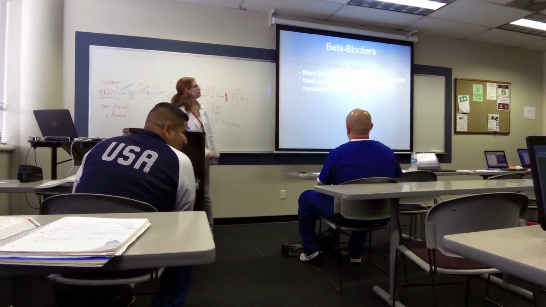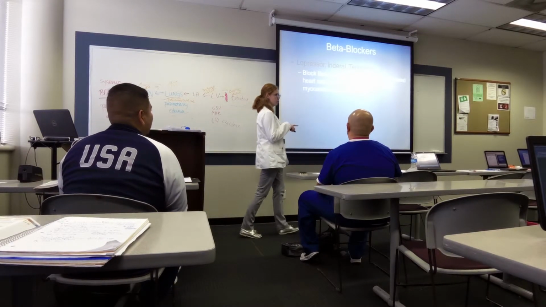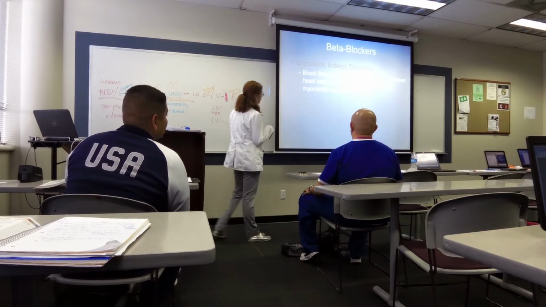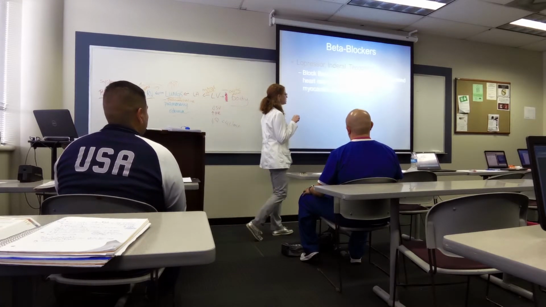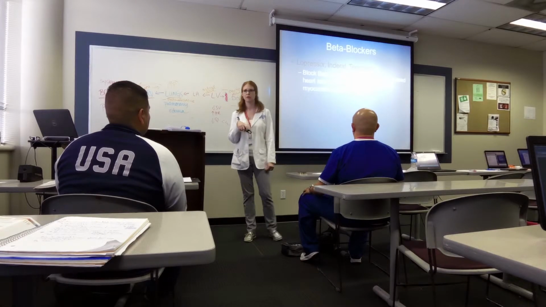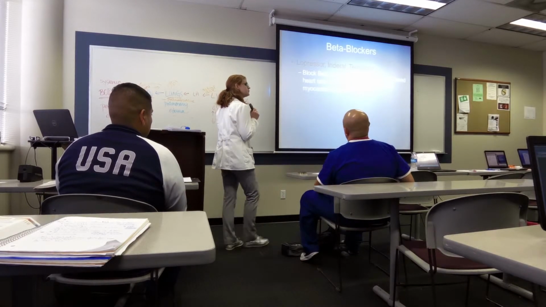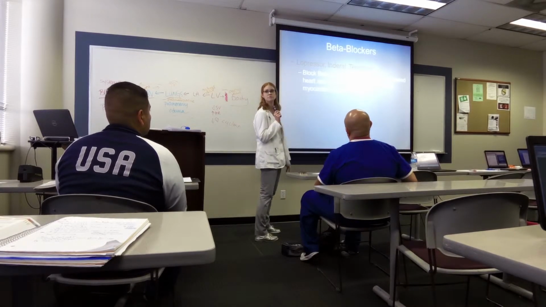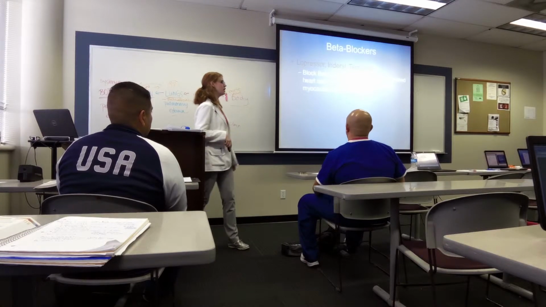Okay, so if you know the mechanism of action, you should know which patients it's indicated for. So if we are decreasing heart rate and contractility, therefore decreasing myocardial oxygen demand, what might be a diagnosis that could benefit from a beta blocker? So we have tachycardia, yep, this is going to decrease heart rate. What else?